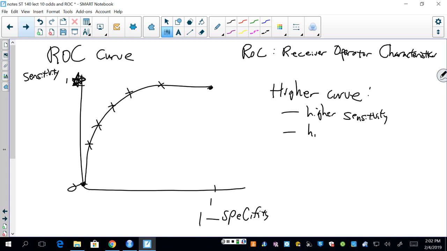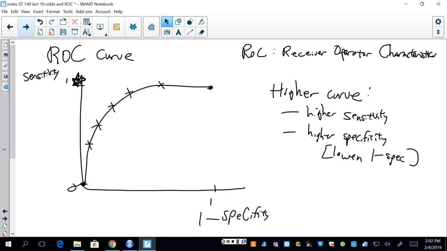And it also means higher specificity, because it means lower 1 minus the specificity. This 1 minus means that being up here is good. So you would probably choose one of these cutoffs to achieve a certain sensitivity and a certain specificity. The book gives an example, and the handout gives another example.